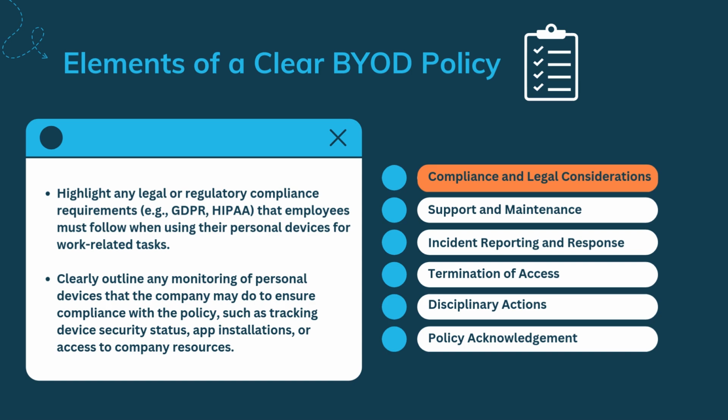The policy should explain that the company can monitor your personal device to make sure everything is in line with the policy. This can include things like checking the device's security status, tracking app installations, or monitoring access to company resources.